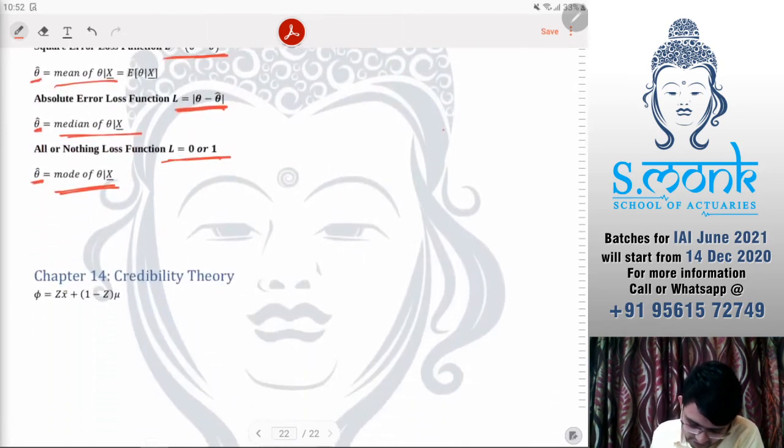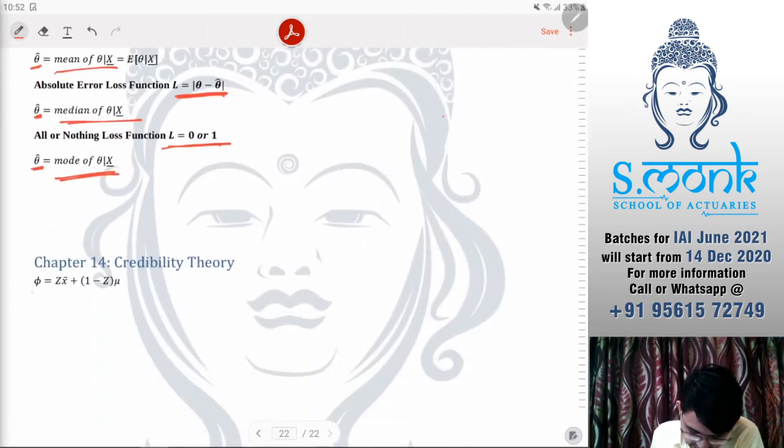Then we have credibility theory, where we say the factor that we should take must be in the form of z times x bar plus 1 minus z times mu.